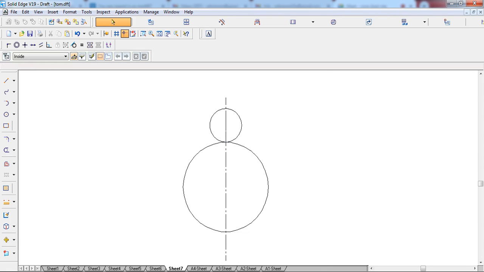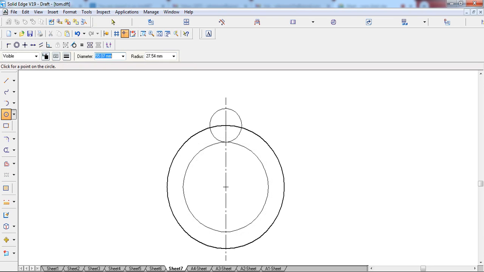Now, for your convenience, I will draw one more circle through the center of this roller, that will be the radius of 20 plus 7.5, that is up to here. So I will draw a circle passing through the center of this roller, automatically 27.5.